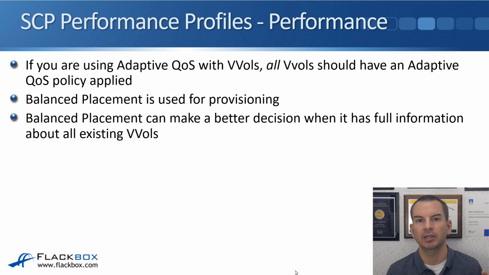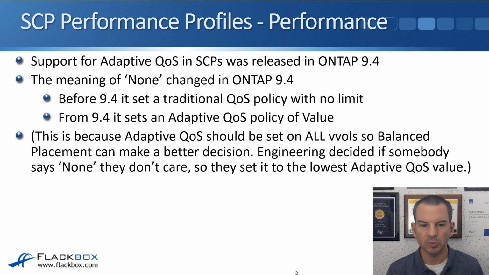So when you provision a virtual machine into that vvol data store, balanced placement is going to decide which volume in that data store to place the vvols for this virtual machine. And balanced placement can make a better decision about which volume to use when it has full information about all existing vvols.